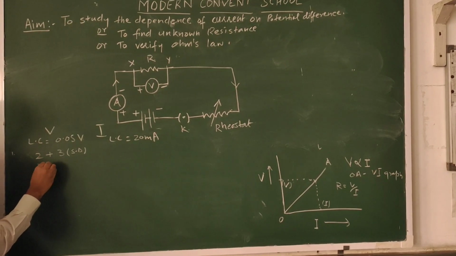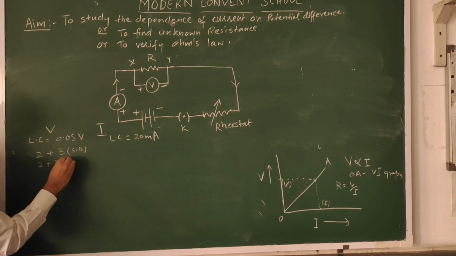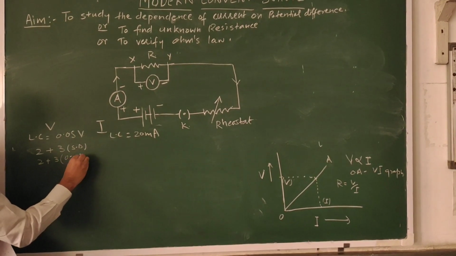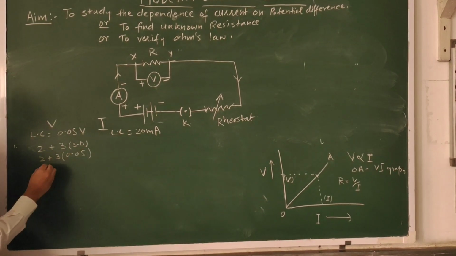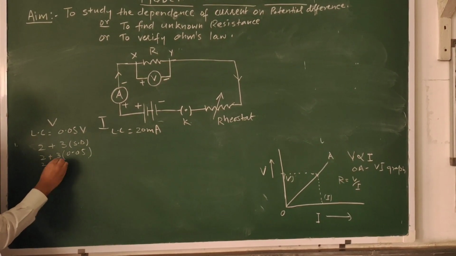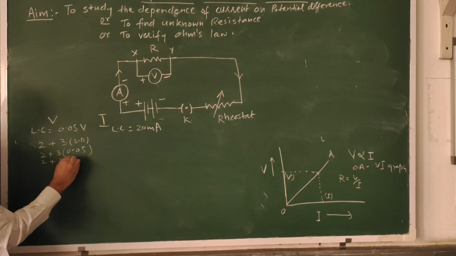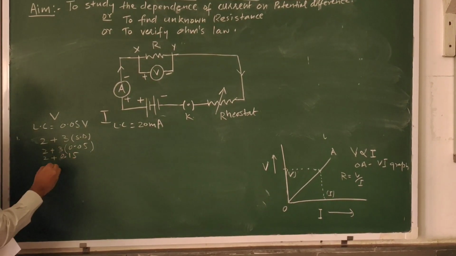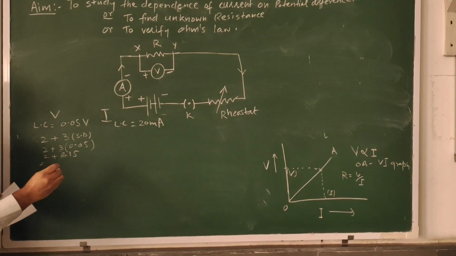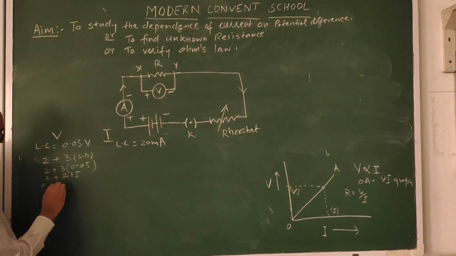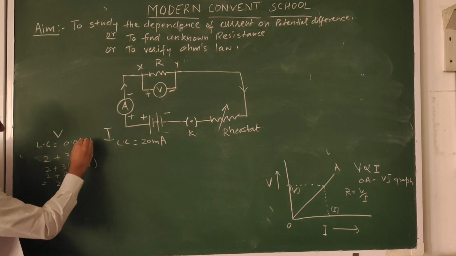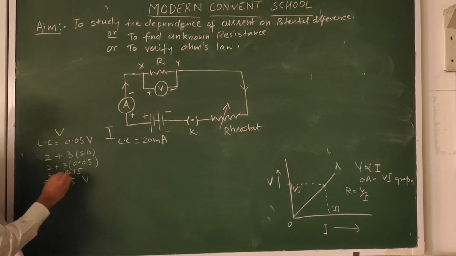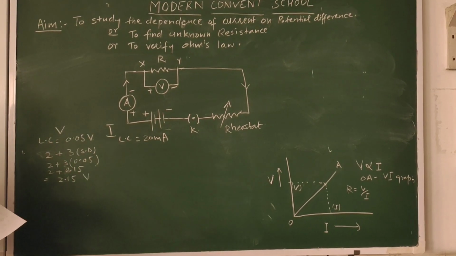You get 2 plus 3 into 0.05. This is 2 plus 0.15, and we get 2.15 volts. So this is our first reading.